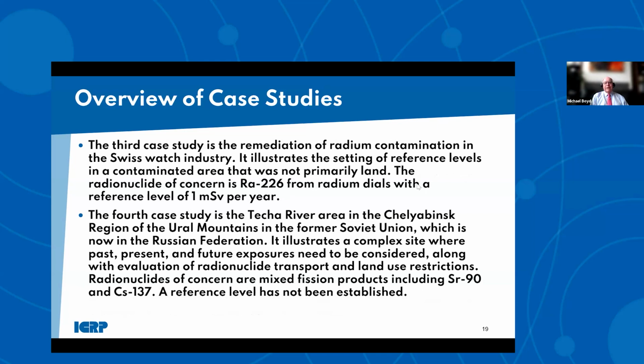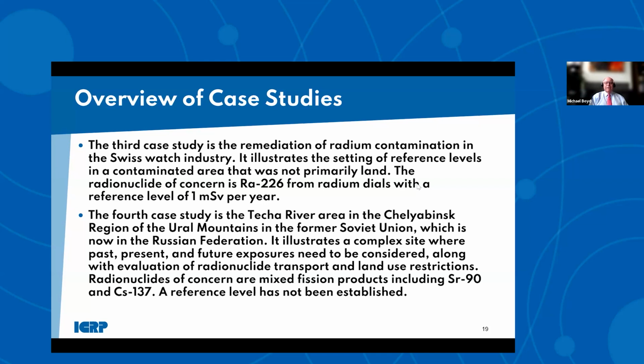Our fourth case study is the Techa River site in the Chelyabinsk region of the Ural Mountains in the former Soviet Union, which is now the Russian Federation. It illustrates a complex site where past, present, and future exposures need to be considered, along with evaluation of radionuclide transport and land use restrictions. The radionuclides of concern there are mixed fission products, including strontium-90 and cesium-137.